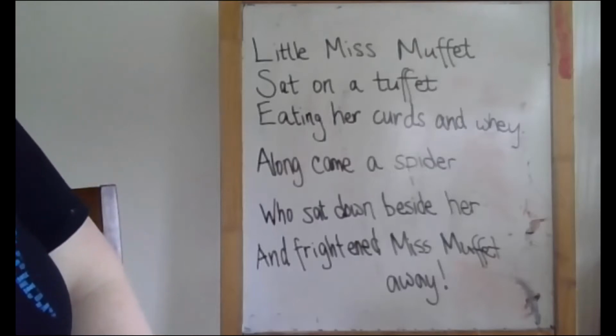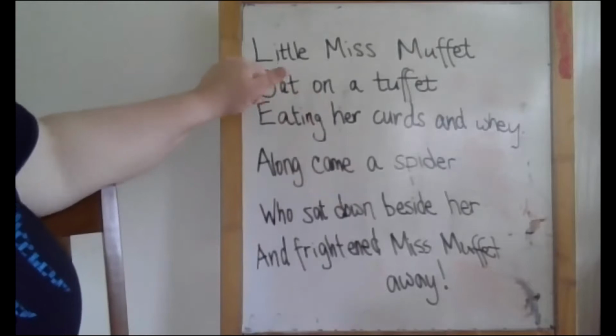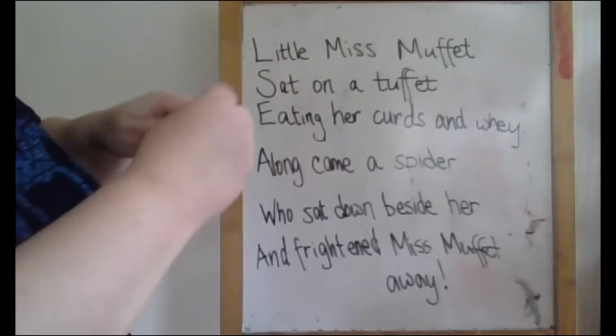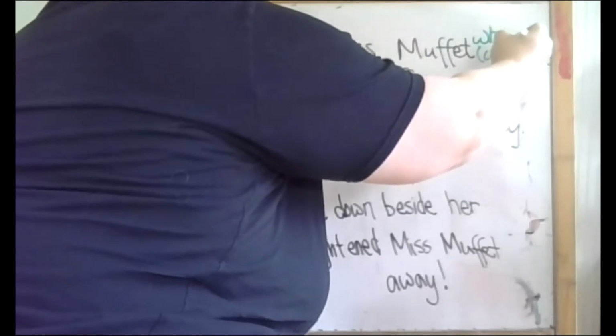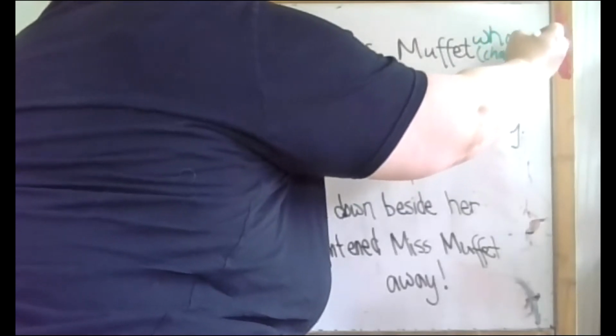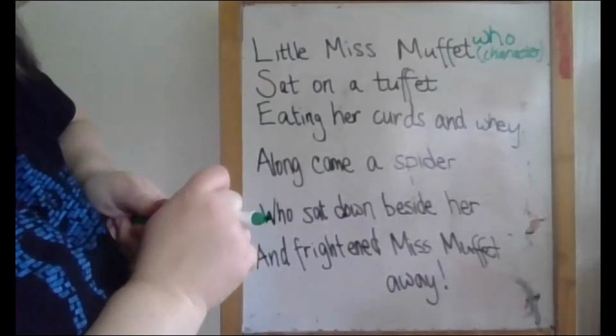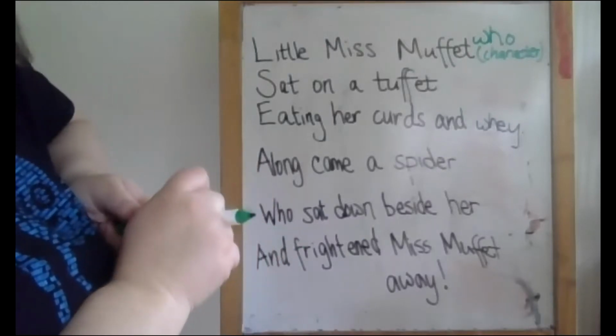So let's start off by taking our first line, Little Miss Muffet. Well, Little Miss Muffet tells us who, or the character. Okay, so Little Miss Muffet is our who in this nursery rhyme. She is our character.